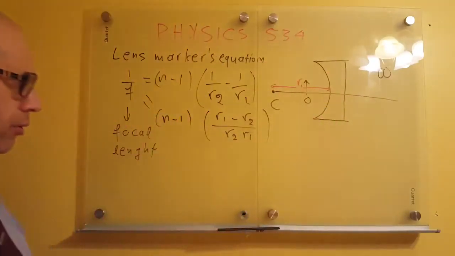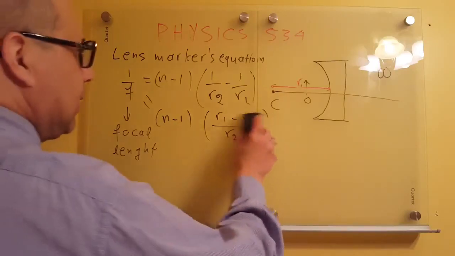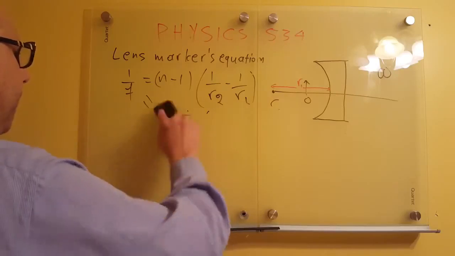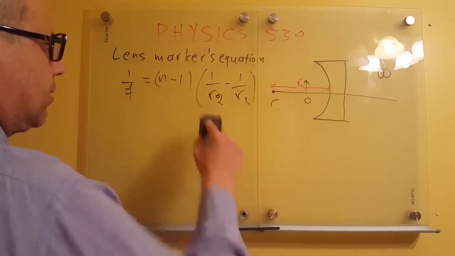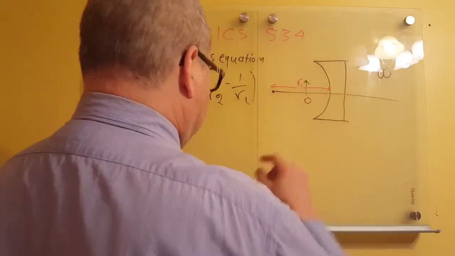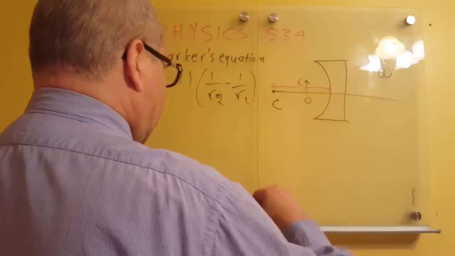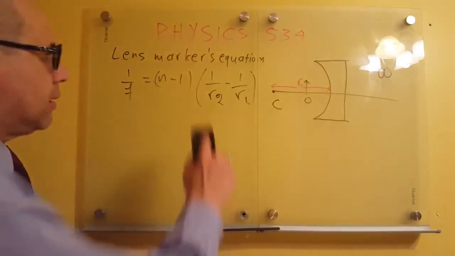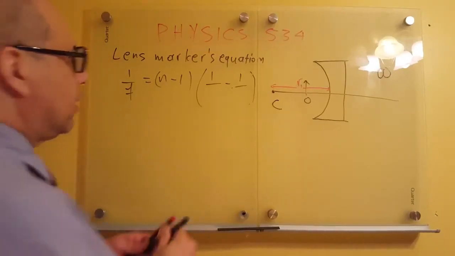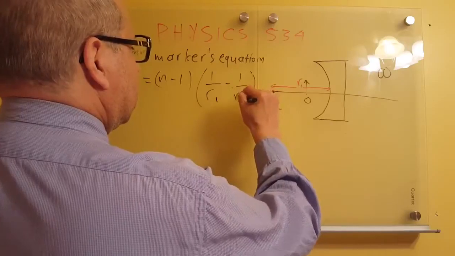So now let's, using again the formula, try to prove that this lens here is a diverging lens. This here has to be R1, and this has to be R2. So this is R1, and this is R2.